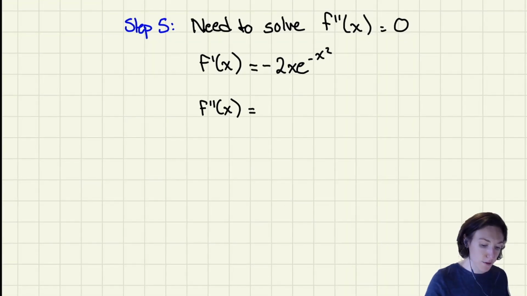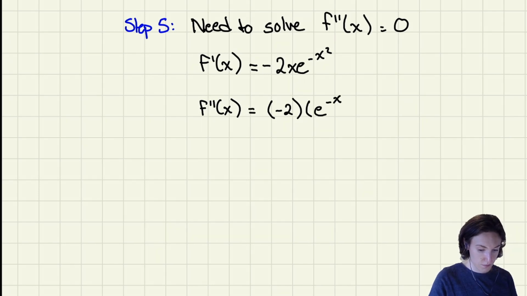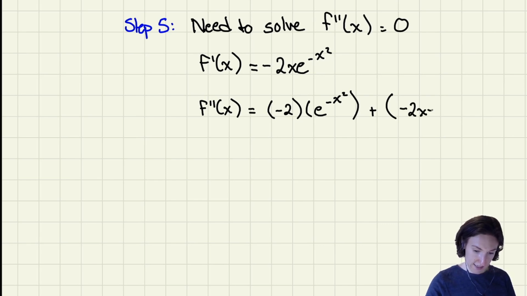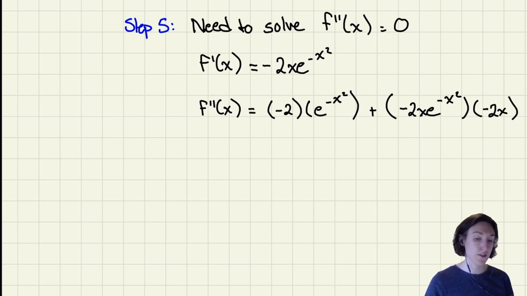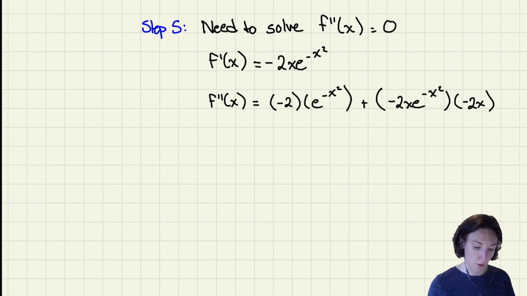Okay, so by product rule, the derivative of the first, that's just going to be negative 2 times the second, plus the derivative of the second, which we've already actually found. It's that negative 2x e to the negative x squared. Okay, it's actually right here, because e to the negative x squared was our original function. And now don't forget to times this again by the negative 2x, okay, by product rule.